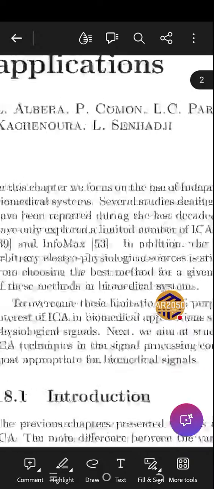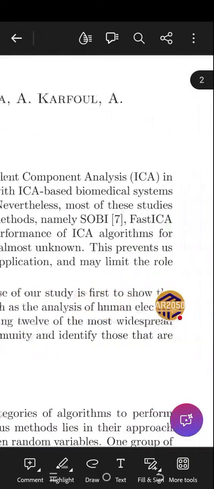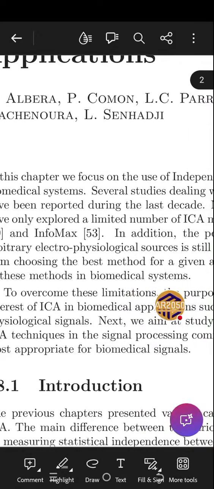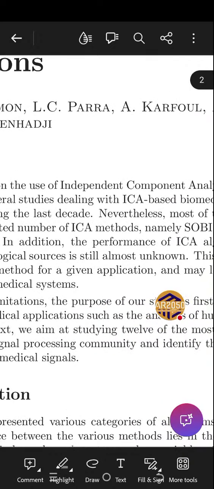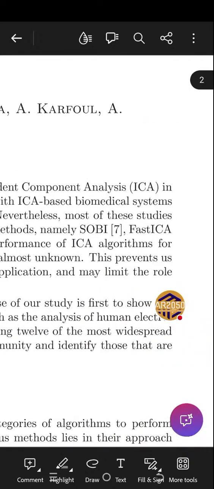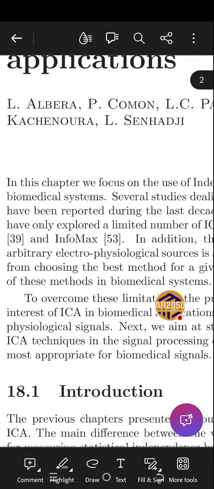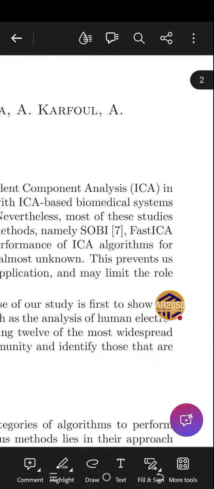Nevertheless, most of these studies have only explored a limited number of ICA methods, FastICA and Infomax. In addition, the performance of ICA algorithms for arbitrary electrophysiological sources is still almost unknown.